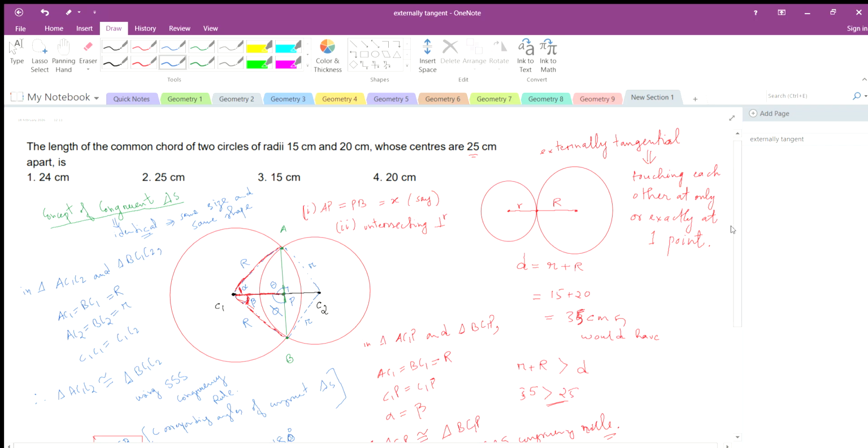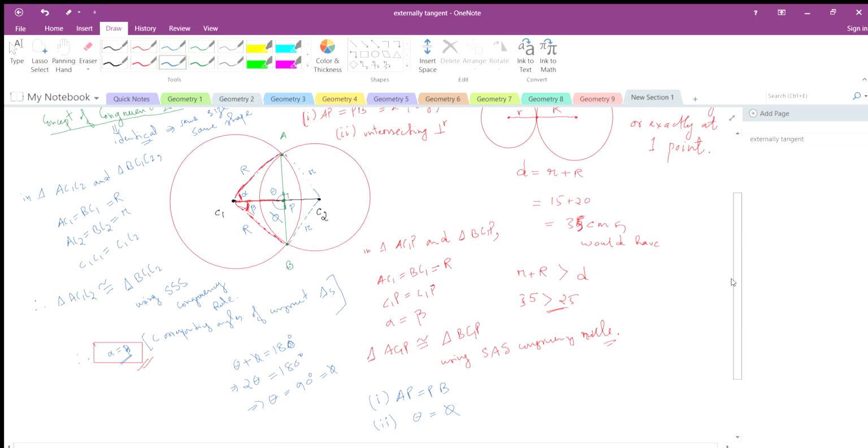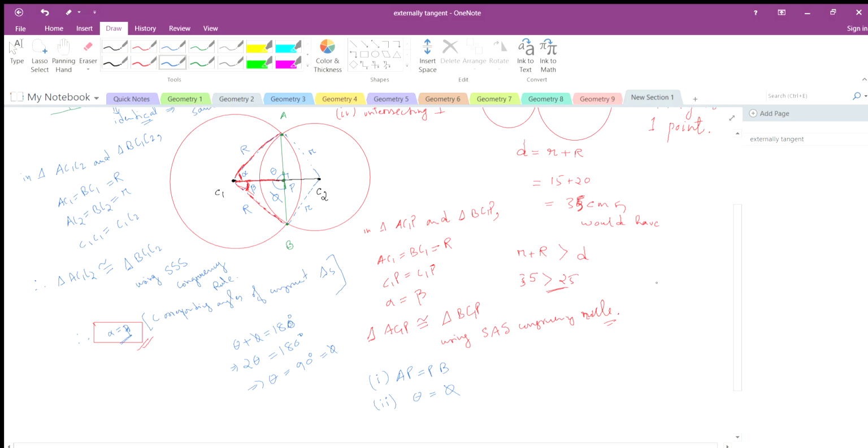Now, using Pythagoras theorem, I can write AC1 square is equal to C1P square plus AP square.